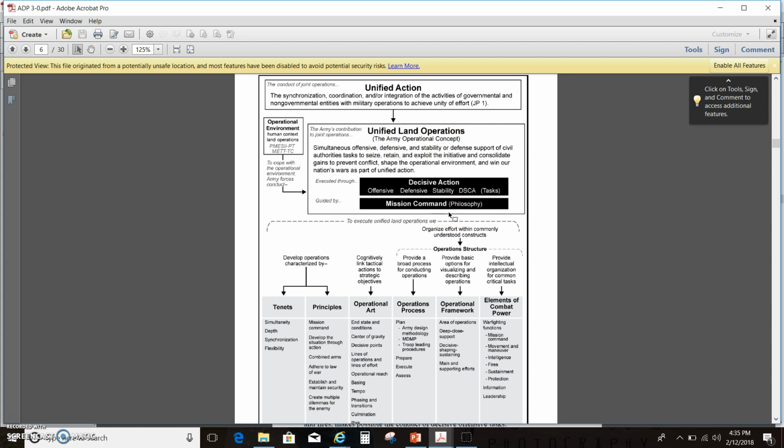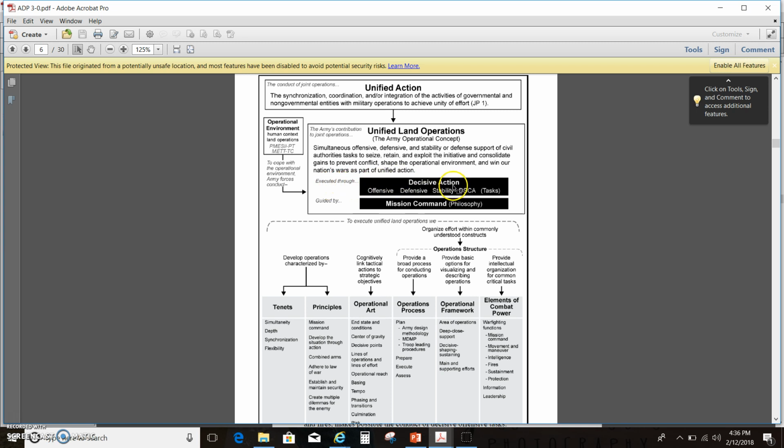Don't be surprised if you see the question, what is the Army operational concept, on your final exam, and you are expected to know that it is unified land operations. All right. And so underneath that, it's executed through decisive action.